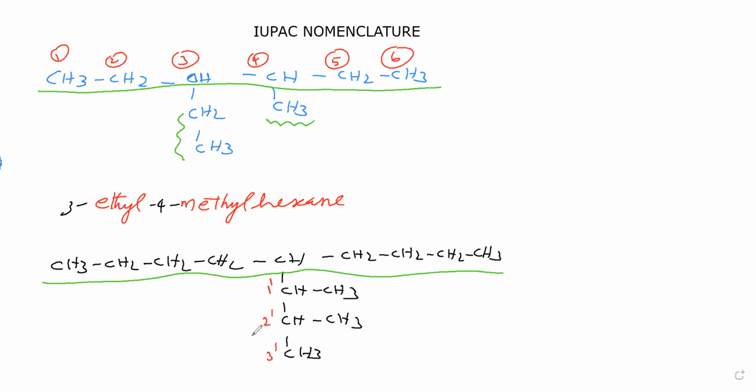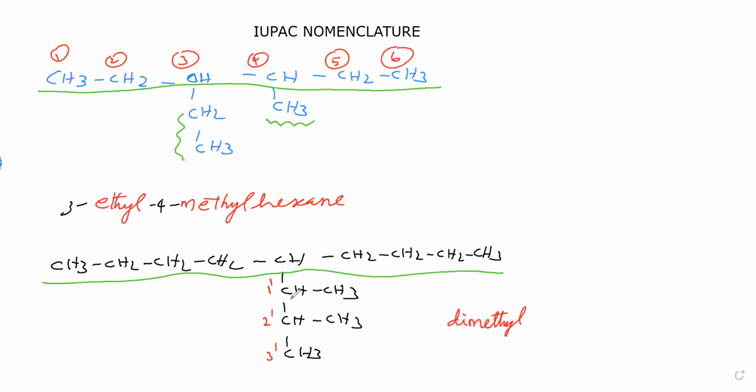Okay. For this parent, this is the branch. Here, CH3 name is methyl. How many methyl groups? 2 methyl groups, therefore we can say it is dimethyl.